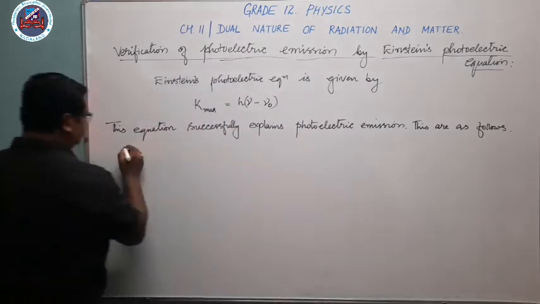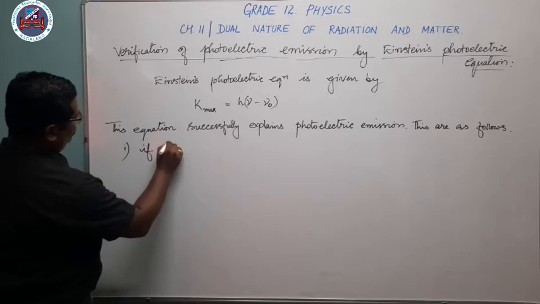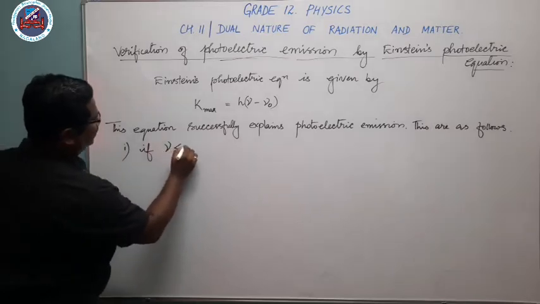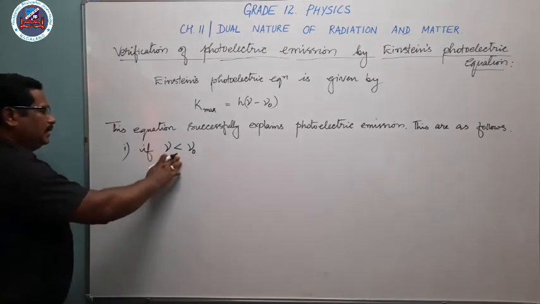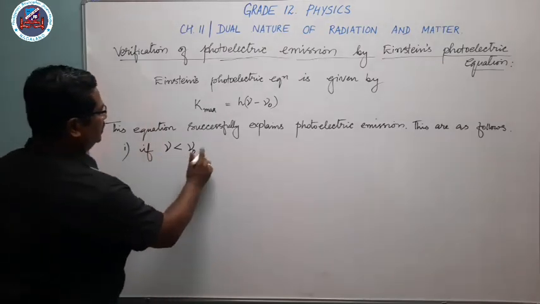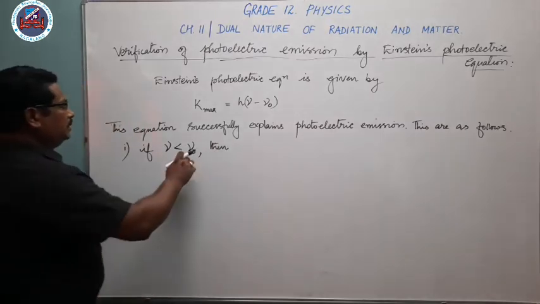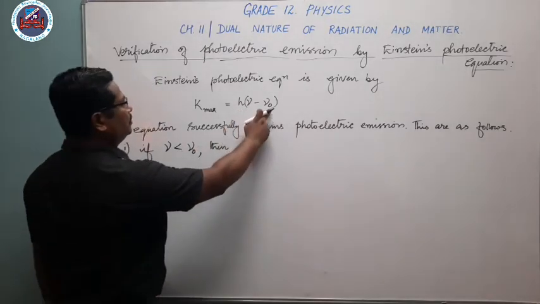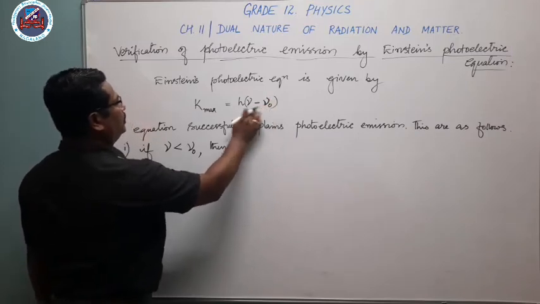Number one, if nu is less than nu naught, that is, if the incident frequency is less than the threshold frequency, then what will happen? You can look at the equation. If nu naught is bigger, then overall the value will become negative.